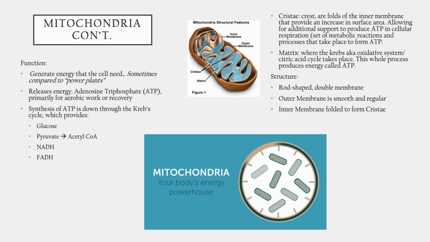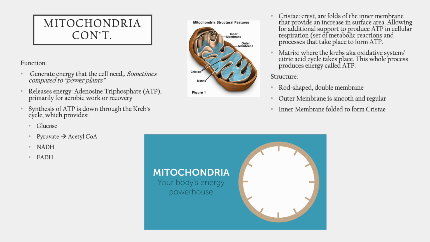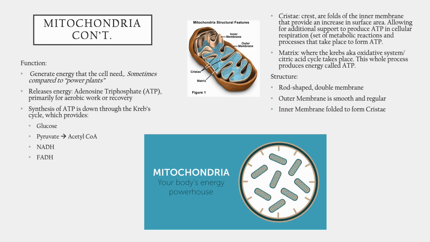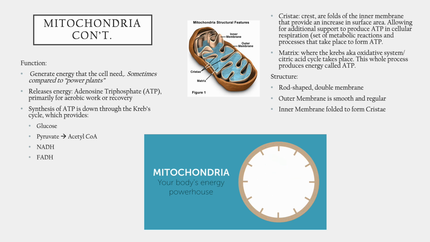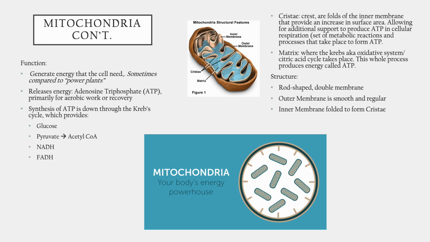Let's dive in a little bit further into the mitochondria. The function of a mitochondria is to generate energy that the cell needs, sometimes compared to a power plant. It releases the ATP, primarily for aerobic work and recovery, okay? So in between your high bouts of performance, why can't we just continue at high intensities for hours and hours and hours?